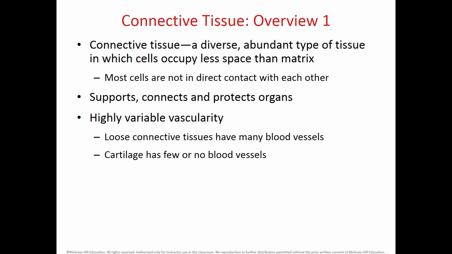And this connective tissue has variable vascularity, but in general it has a lot of blood supply. So within the connective tissues, some types will have many blood vessels, and some of them might have few blood vessels or no blood vessels, like in the case of cartilage, which I already mentioned in the key point.